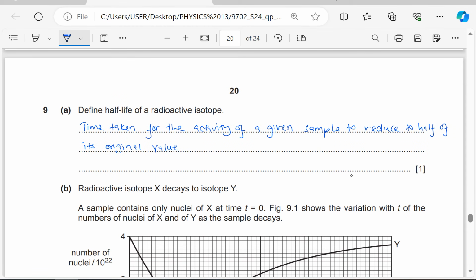You can define this as the time taken for the number of undecayed nuclei in a sample to reduce to half of the original value.